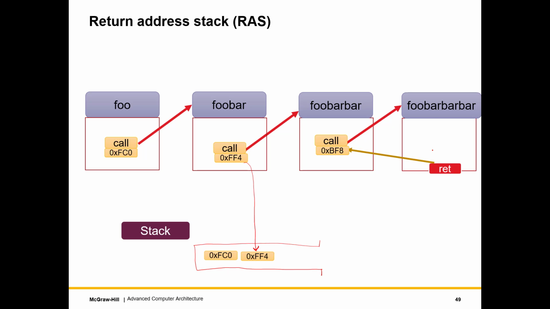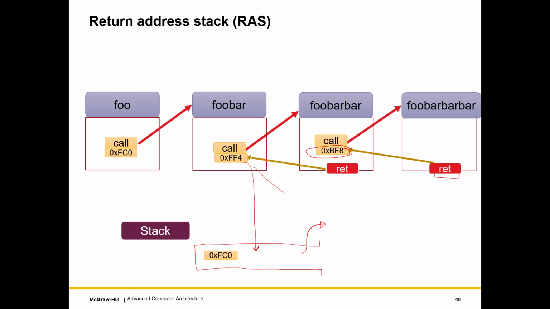Now once we return, what do we do? Take a look at that again. Once we return, all that we need to do is pop the stack. The top entry of the stack corresponds to where we need to return to, which is essentially this address. We pop it. Let's say we want to return again, then we pop it once again.